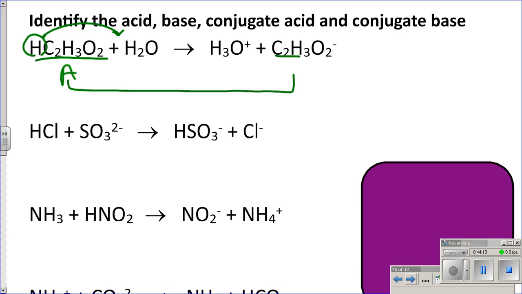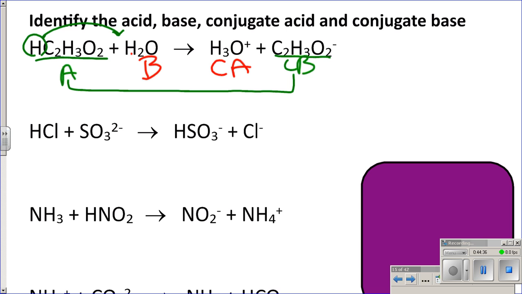Yes, whatever it became. The conjugate base comes from its acid. Okay, so then what do we label water as? The base, because you can't be an acid and acid. Acids and acids don't react. That's the base because it accepted, and this would be its conjugate acid. It's the opposite. The examples make things a bit more clear.